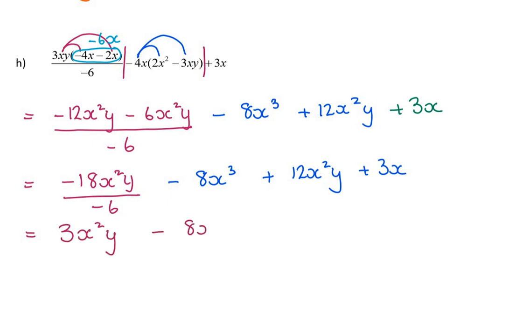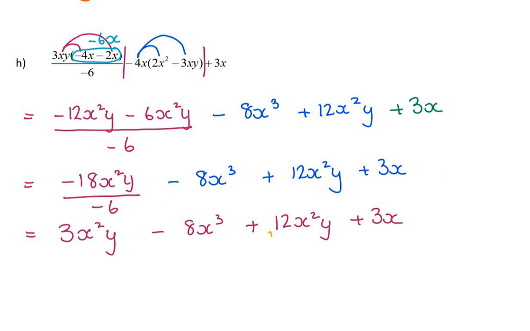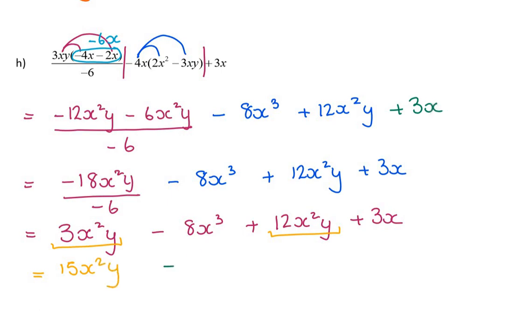And then minus 8x cubed plus, oh gosh, x squared y's. Now x squared y's must be a like term with x squared y's. So 3 plus 12 is 15x squared y's. But the other two are not like terms with anything. So minus 8x cubed plus 3x.